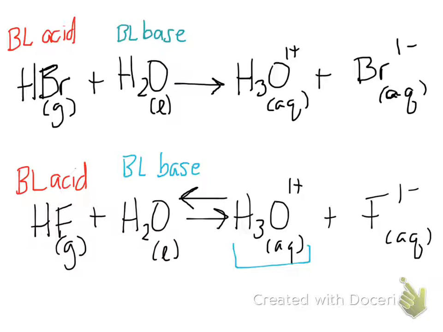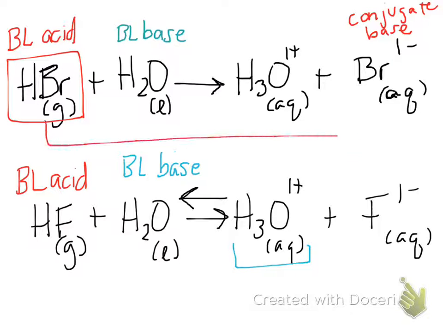What we call this is a conjugate base. For every Bronsted-Lowry acid, there exists a conjugate base.